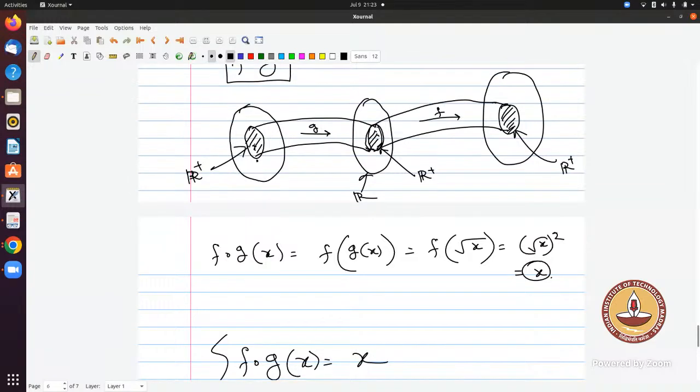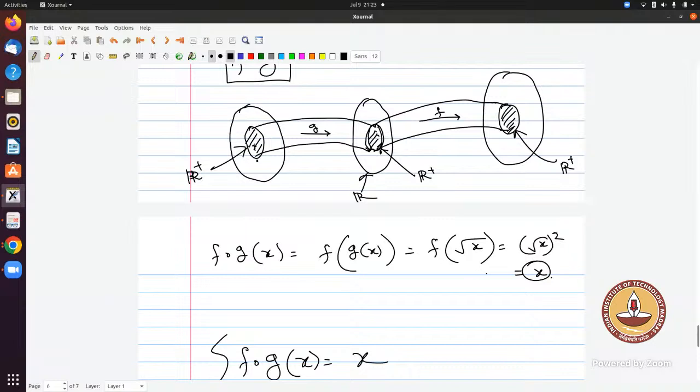Because the input we are taking should be inside the domain of G first. Yes, sir, that I understood. And this is eventually root X squared, so it is X. Mod X makes sense when we have something from the negative side also, but that is not happening.